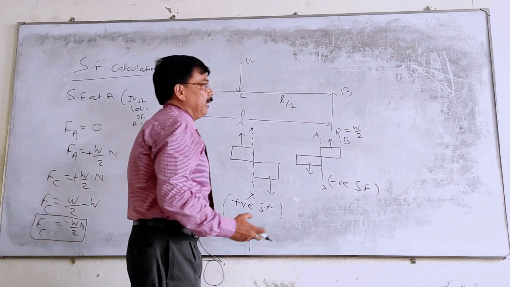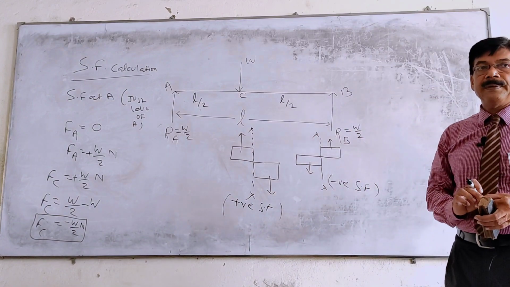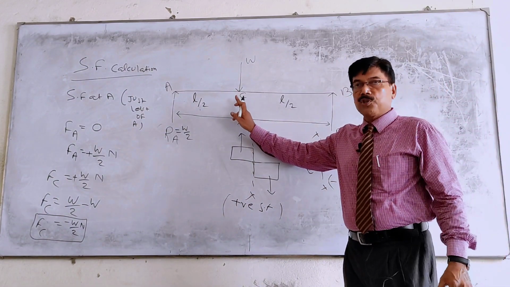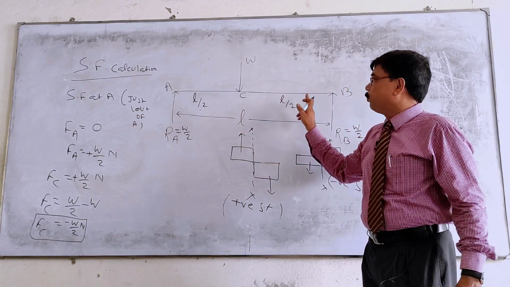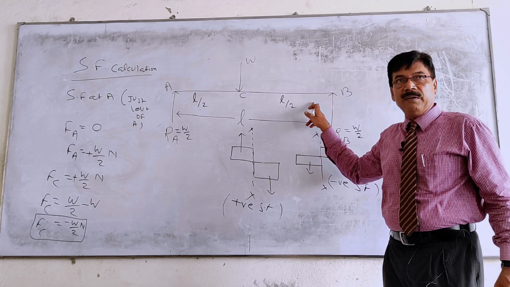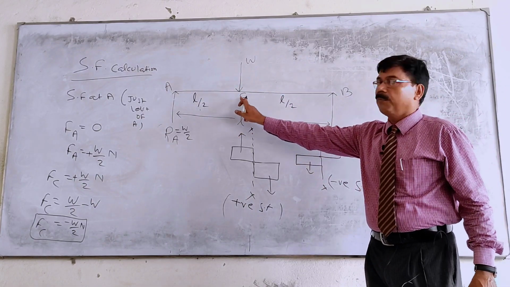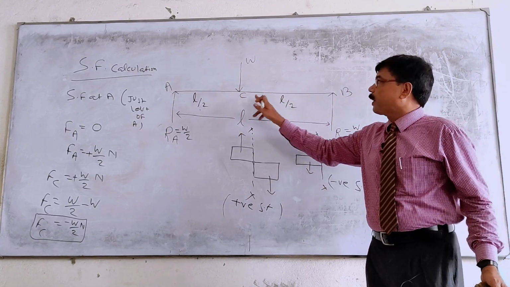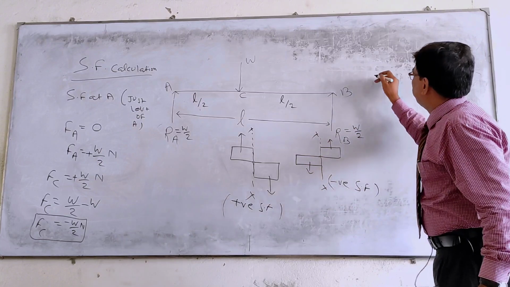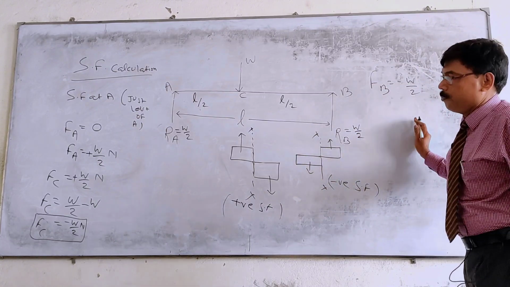Then left of B. Right of C and left of B have the same shear force value, because between C and B there are no other forces. So the value of left of B is the same, minus W by 2.